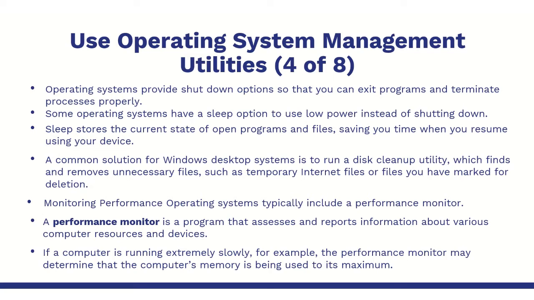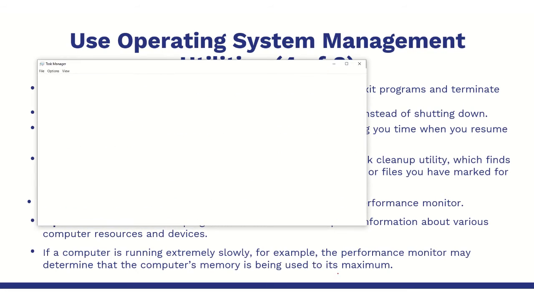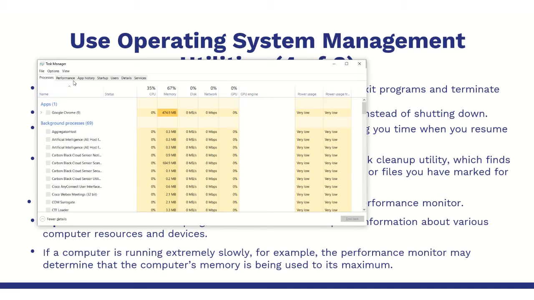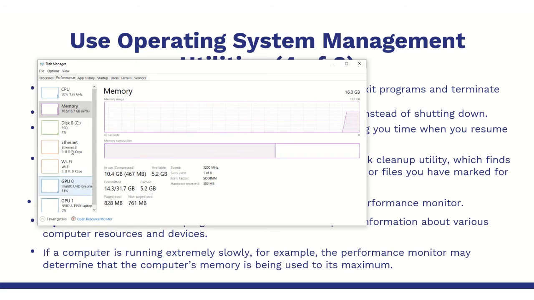Here is a snippet of the performance monitor. Let me quickly find it. It is available from the task manager, and from the task manager you can go to performance, and then you can see the performance monitor of different areas on Windows. This is a Windows operating system, so you can see CPU performance, memory performance.